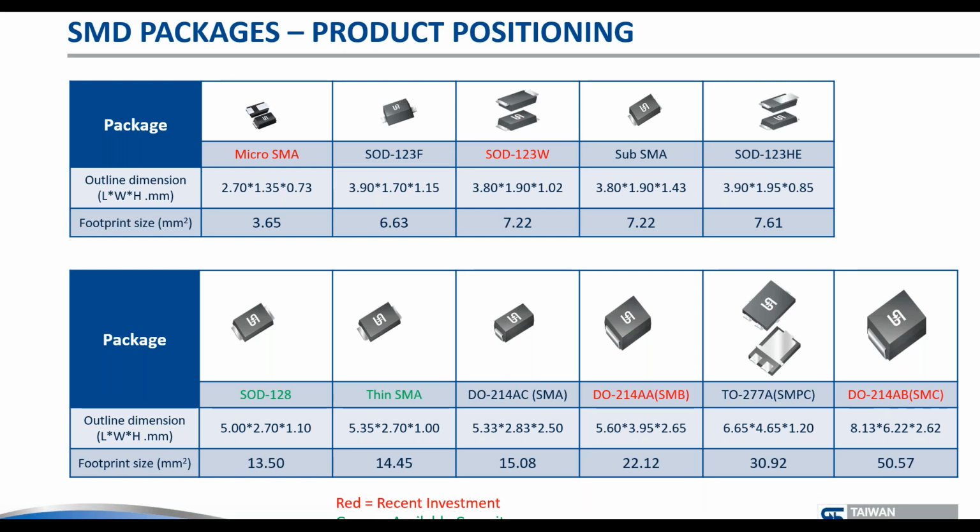So this package also has an excellent future. The SOD123HE on the right-hand side here on the top line, obviously it's doing well, but it's moving slower because for people to be able to use this package in power dissipation, they will need to go to more expensive PCBs.